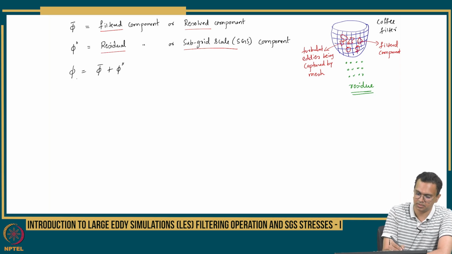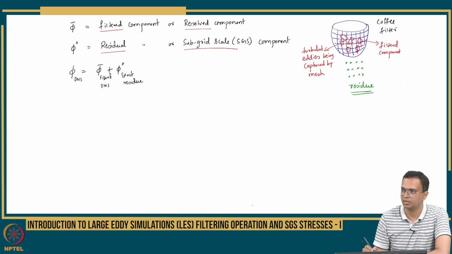So for example, if this is phi DNS, this is phi bar, the DNS filtered, or you can say filtered DNS data, then this is the exact residue, phi double prime.